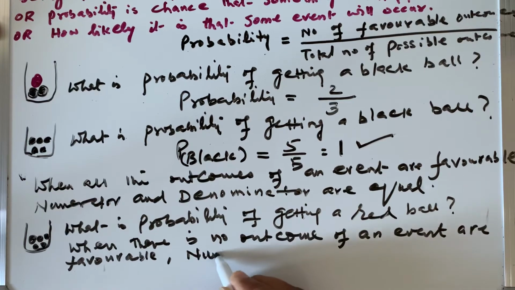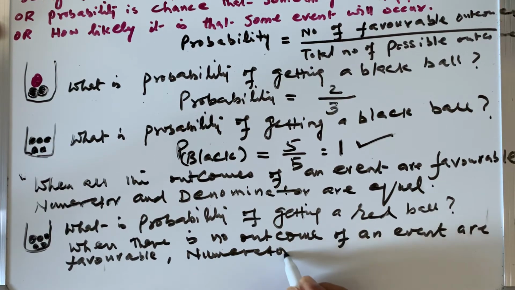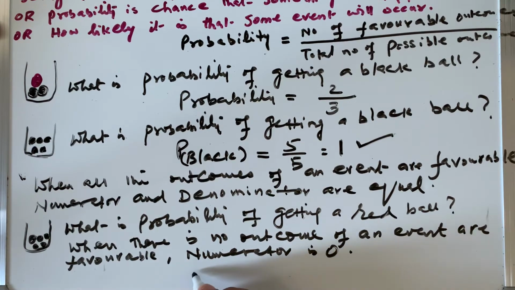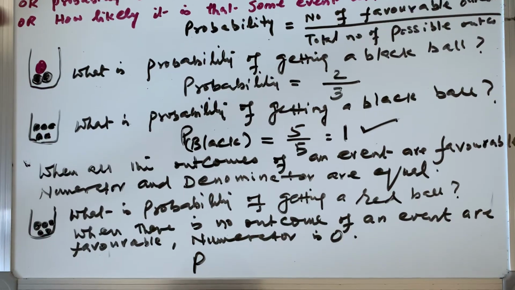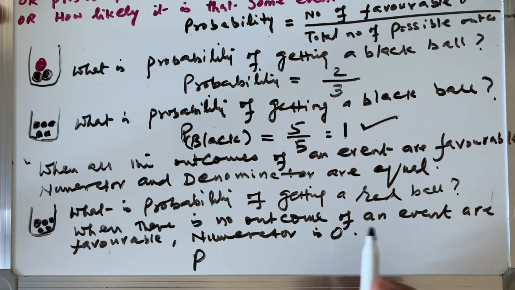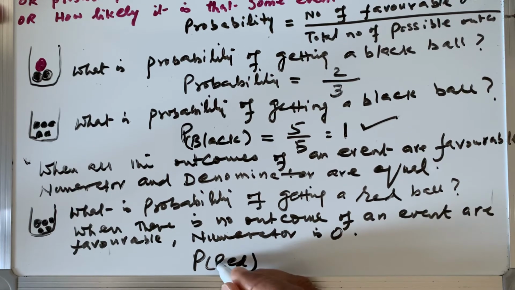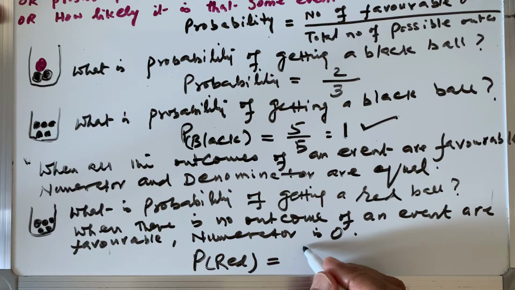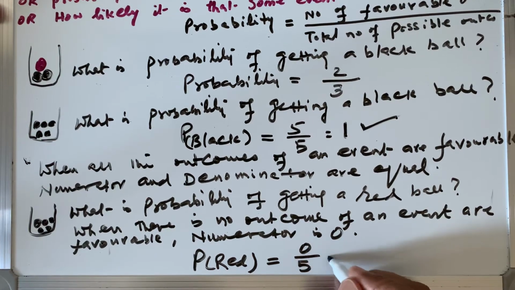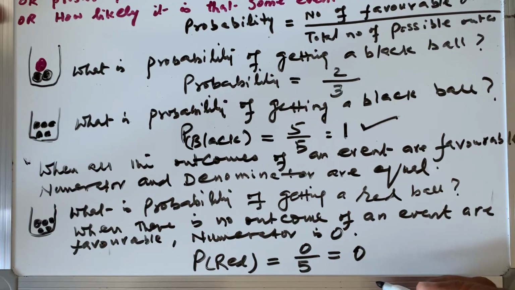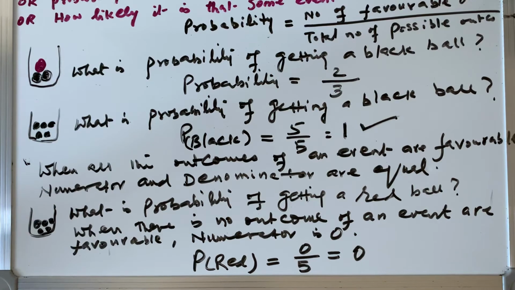So what is the probability here? The probability of getting a red ball, P of red, but the container has all black balls. So my numerator is 0 and the total is still 5. So my probability of getting a red ball out of this bag is 0.